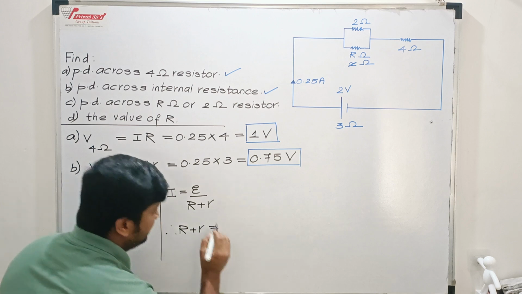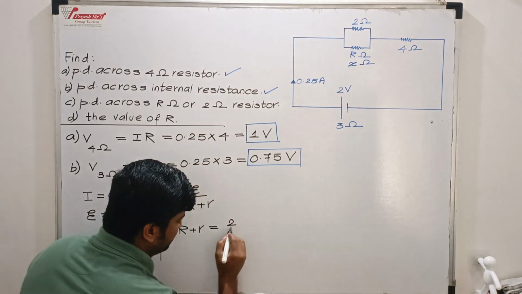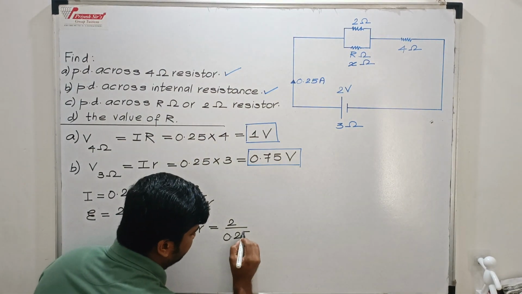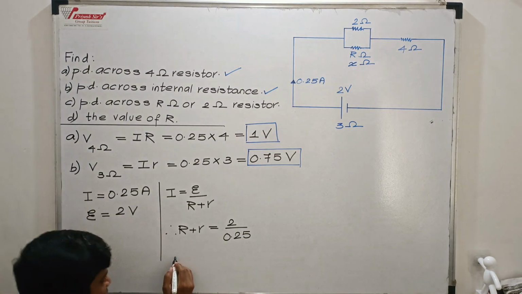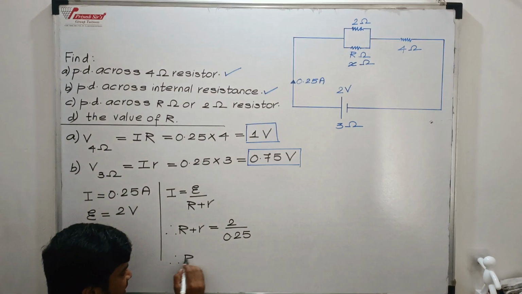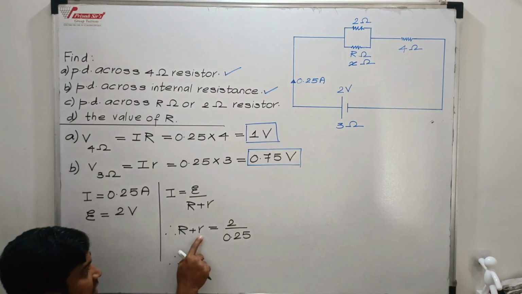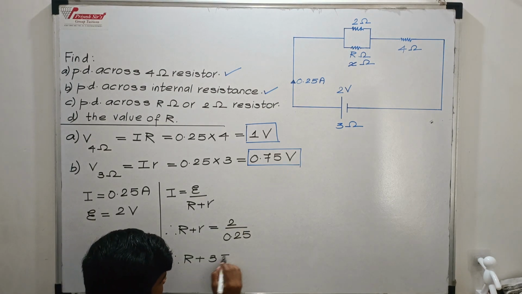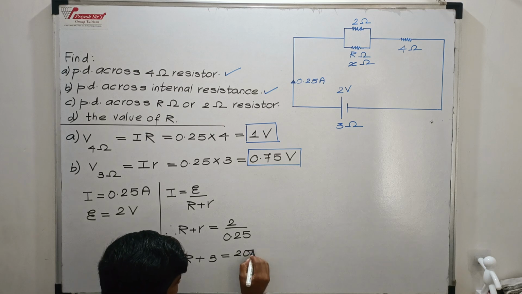So R plus r, EMF 2 volt, current is 0.25 ampere. So capital R as it is, plus internal resistance given to us 3. So this would be 200 divided by 25.